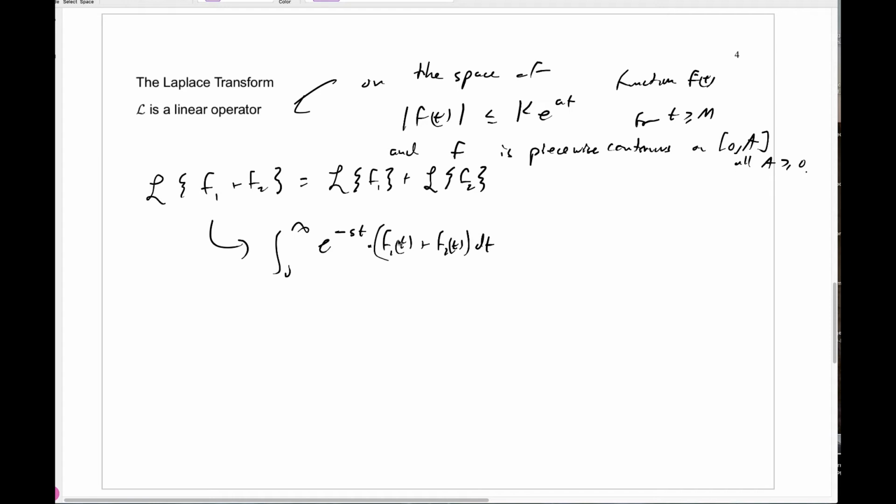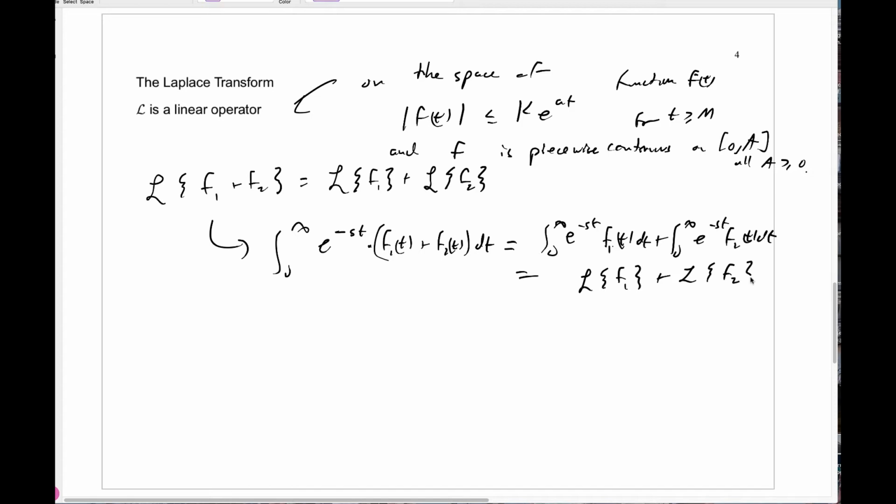That's the Laplace transform of the sum. And just by basic properties of integrals, which extend to improper integrals very easily, that's just the integral of e to the minus st times f1 of t plus the integral from 0 to infinity of e to the minus st f2 of t. And that's just exactly the Laplace transform of f1 plus the Laplace transform of f2.